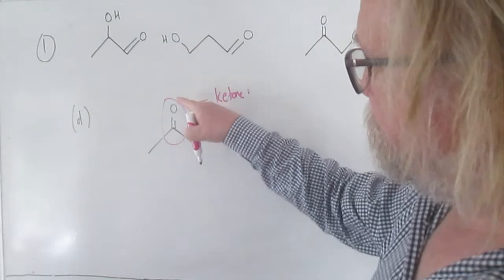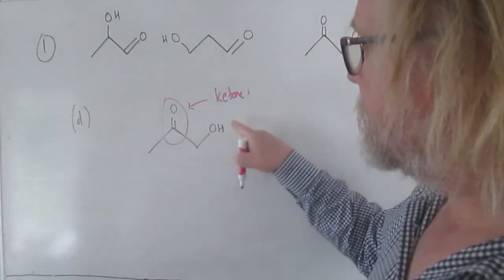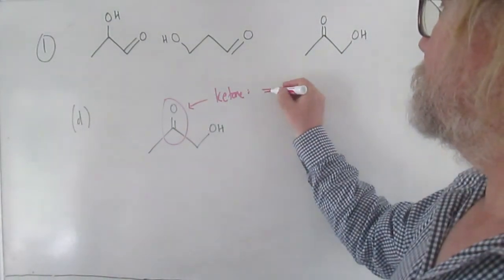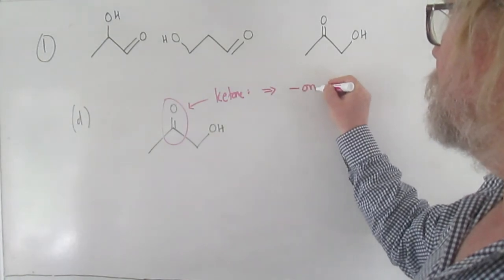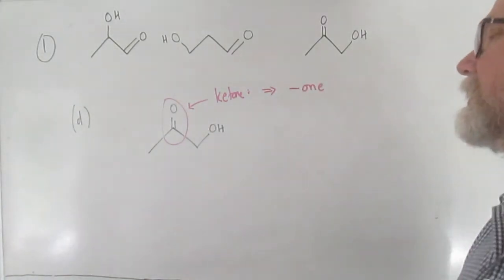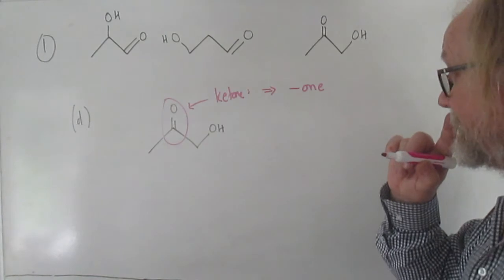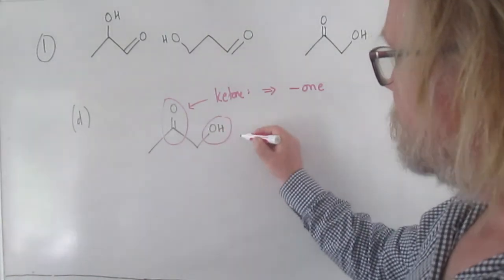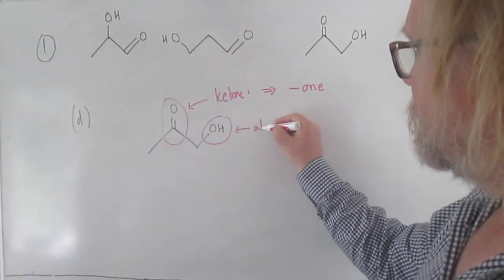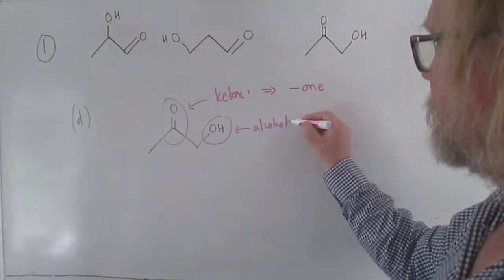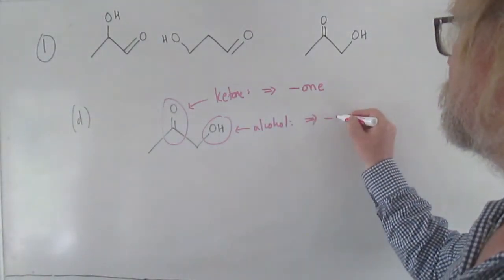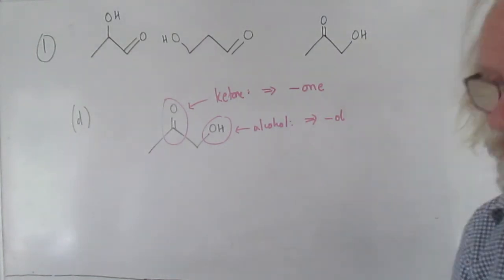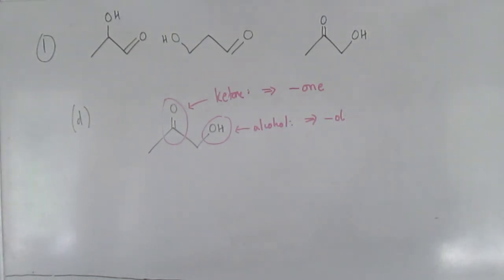When you have C double bond O with carbons on both sides of it, that's a ketone group, and that means we would normally have the ending -one. And this group is an alcohol group, and that means we would normally have the ending -ol. And the trouble is you can't have them both as the endings.